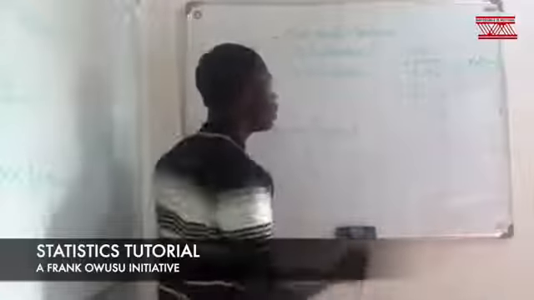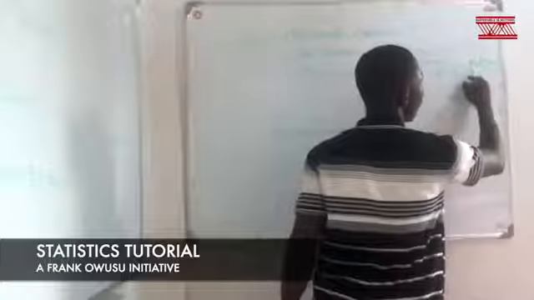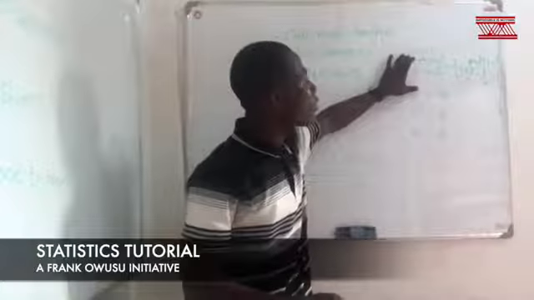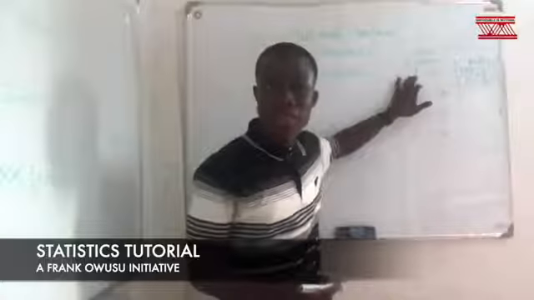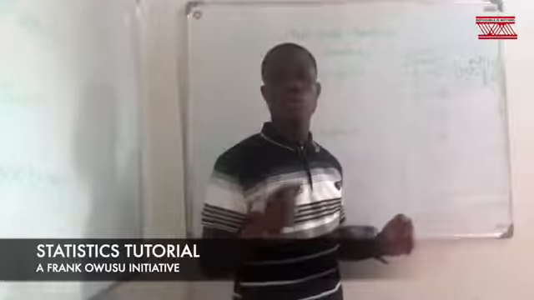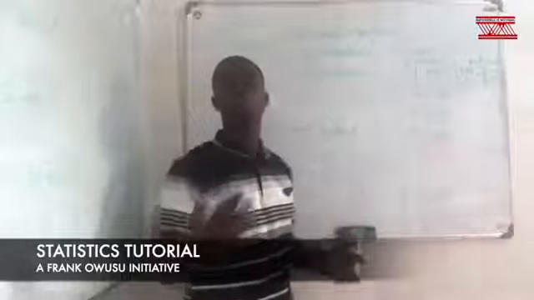So it will be 1 plus 5 over 2, so it will be 6 over 2, making 3. So the midpoint of the first class interval is 3. Why? I added my lower class limit to my upper class limit and I divided it by 2. So basically, that's the approach we use in finding the class mark.